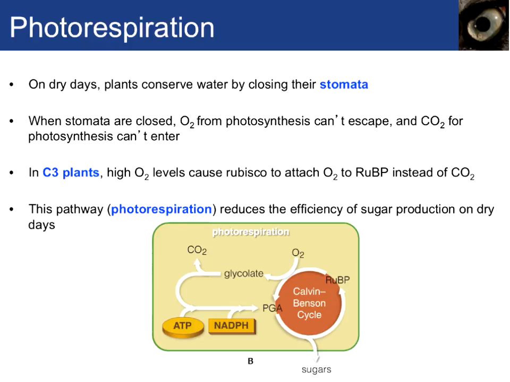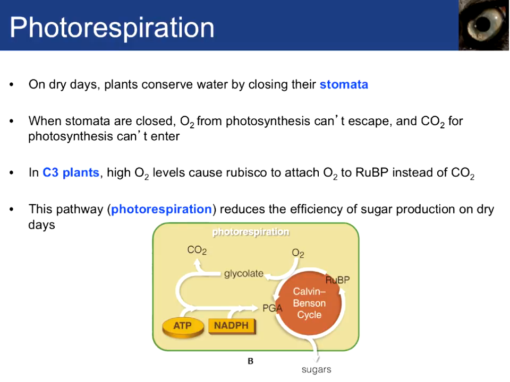You have these little pores that can open and close to decide what's more important: either preventing water loss or allowing the exchange of gases. So again, when stomata are closed, O2 from photosynthesis can't escape, and carbon dioxide for photosynthesis can't enter.